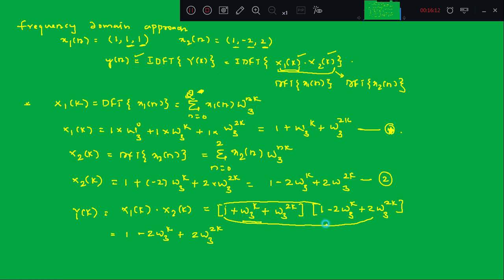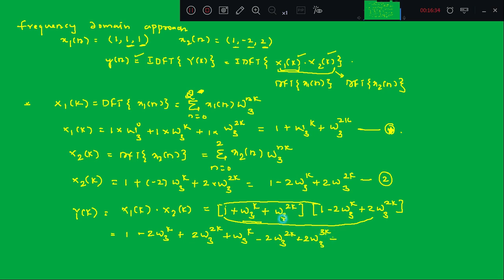Next from this term to this term, plus W3^k. Next minus 2 W3^k and W3^k, k plus k is 2k, so W3^2k. Next plus 2 into W3^k into 2k, which is 3k.